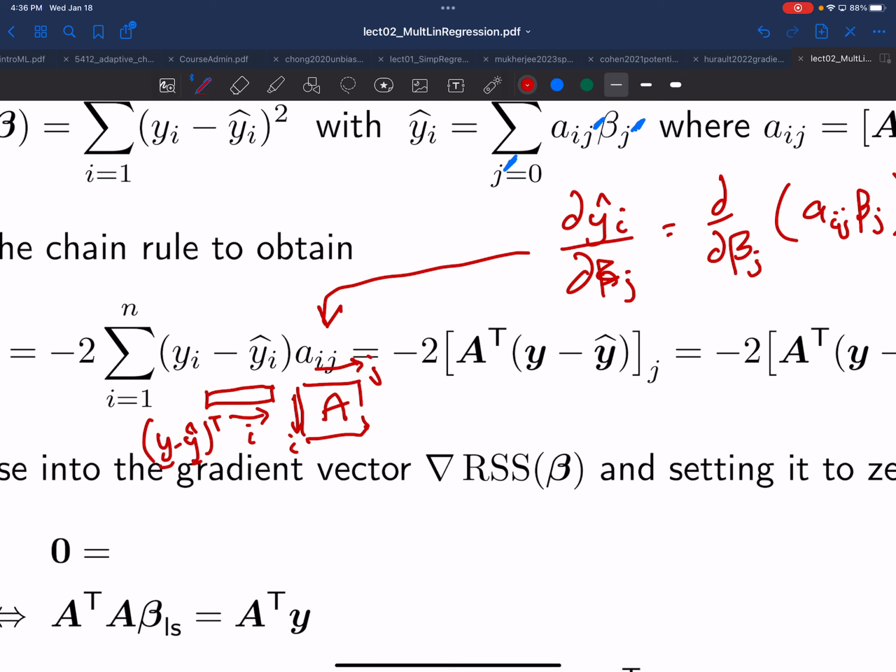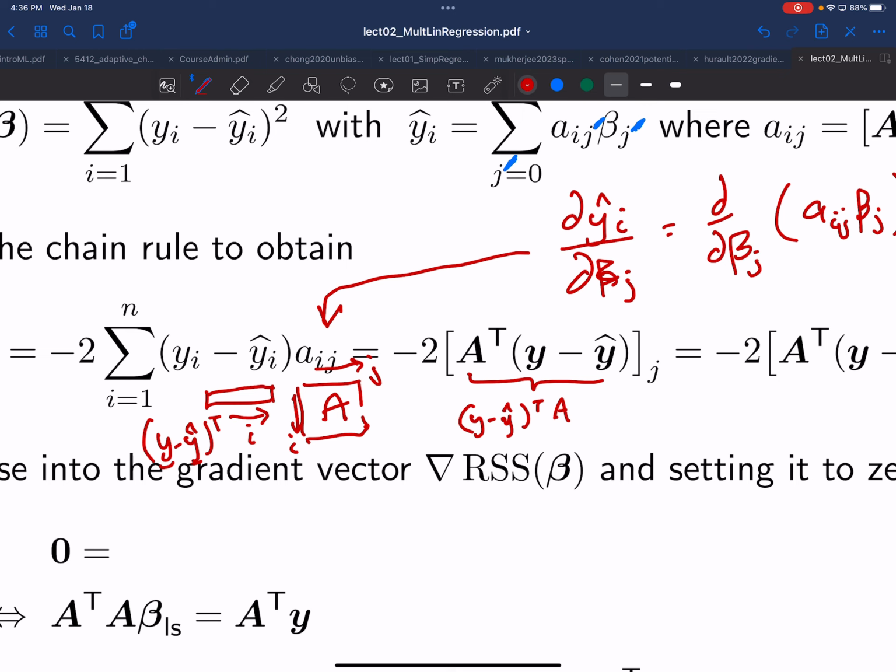I'm noticing that this inner product down these i's is like these inner products here. So the most direct way perhaps to see it is to say this is (y minus y hat), that vector transposed, times A. That's going to be a row vector.